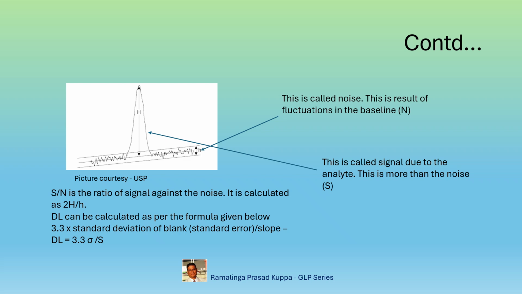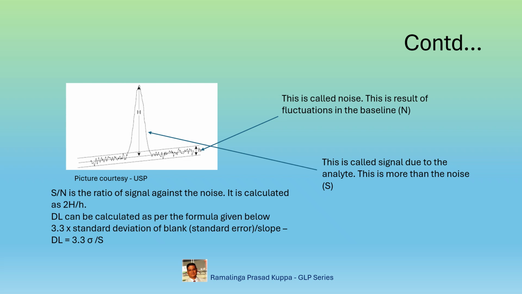DL can be calculated as per the formula given below: 3.3 multiplied by the standard deviation of the blank or the standard error, divided by the slope. So the formula is DL equals 3.3 multiplied by sigma divided by the slope S.